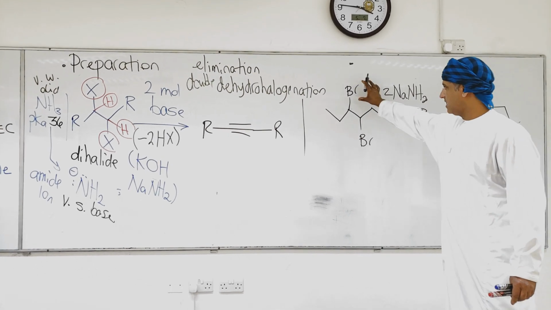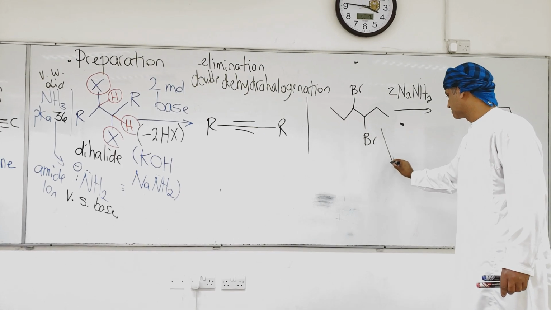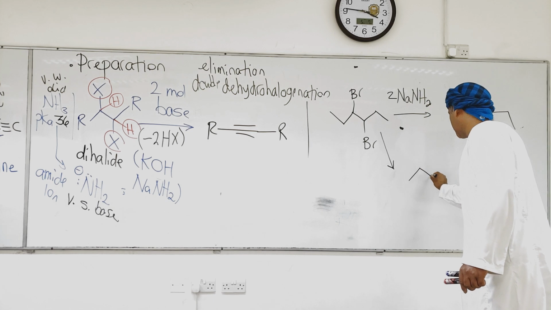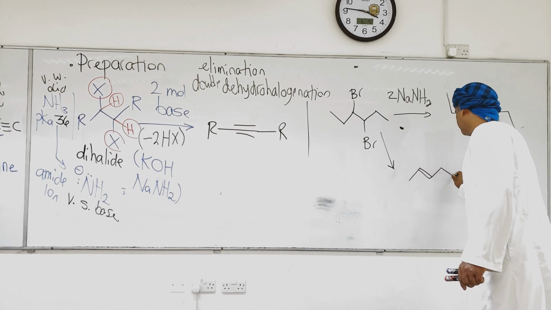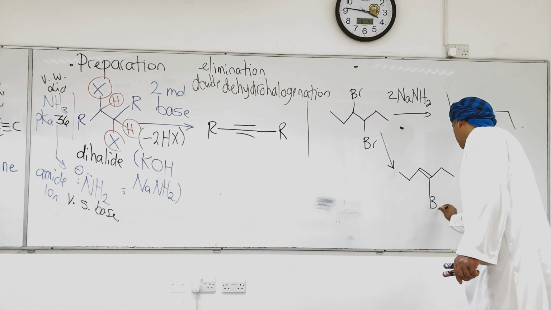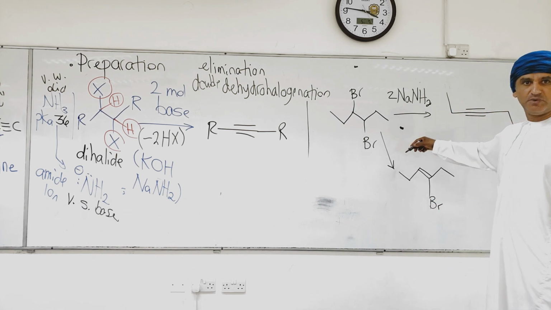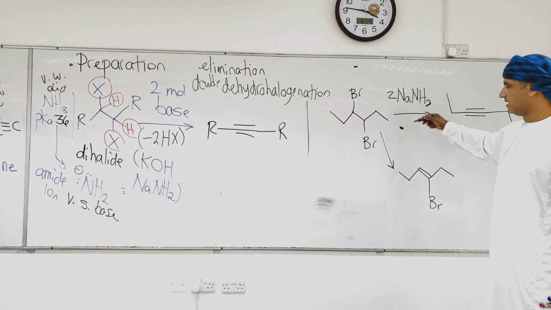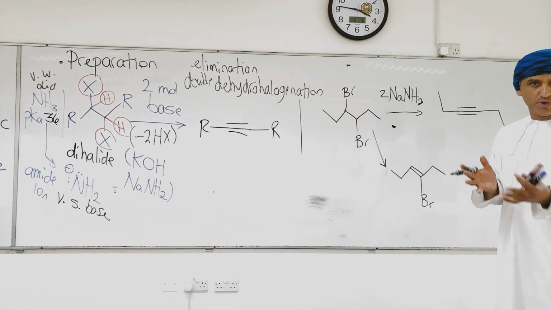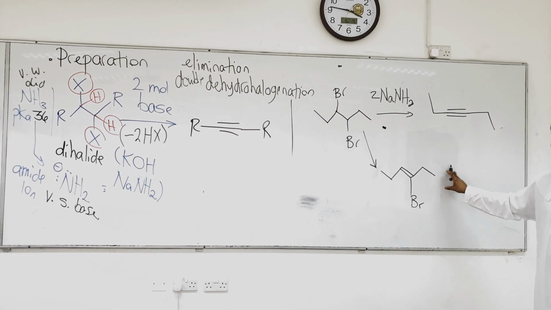So if this Br and one H is lost using the first mole of sodium amide, then we will get this kind of intermediate after the loss of the first mole of HX.